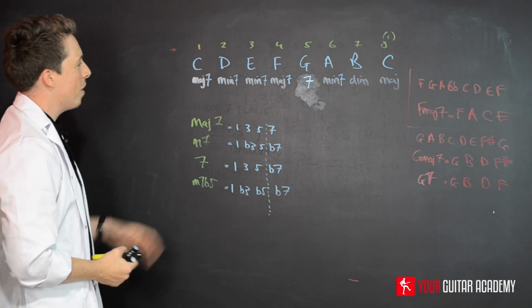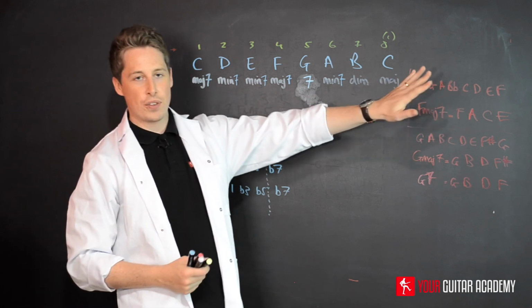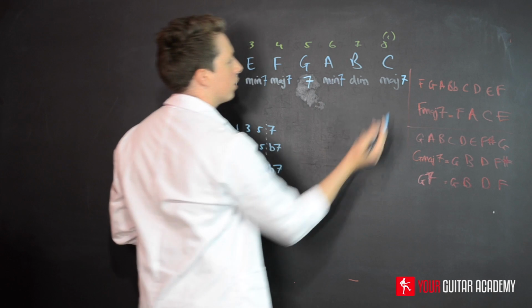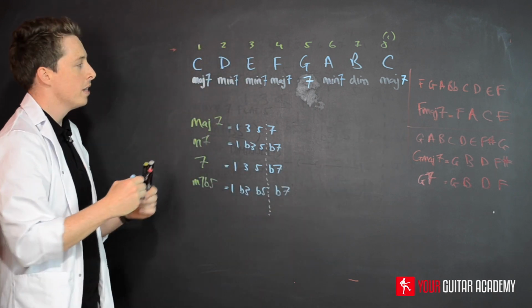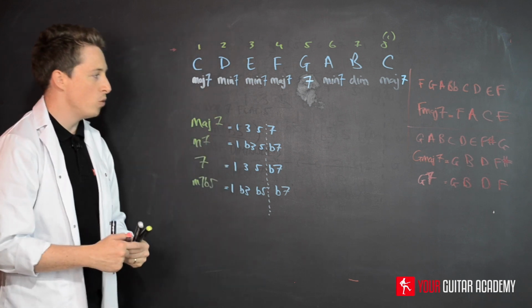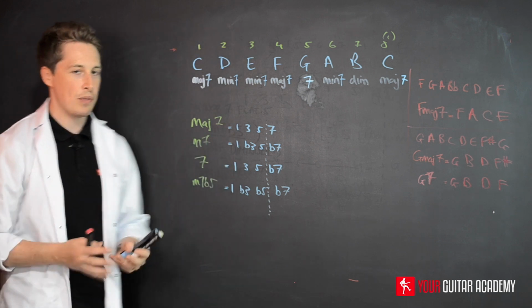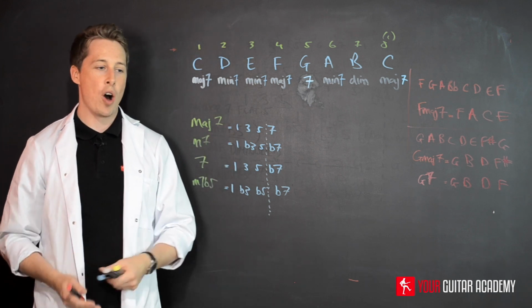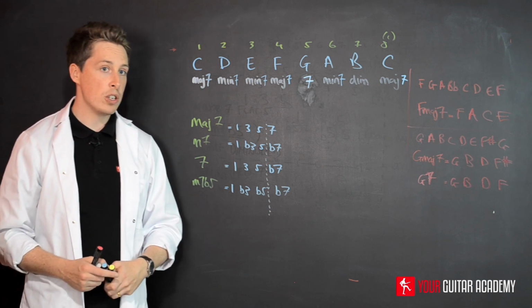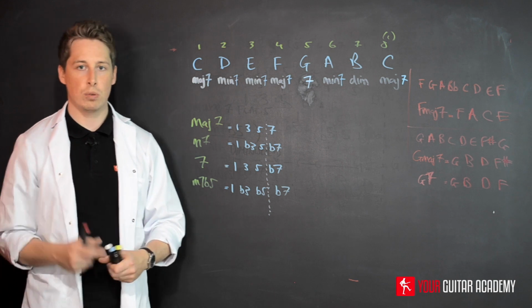So we've now harmonized most of the scale, bearing in mind, of course, this 8 or this 1 is the same as the root note. So it's just a case of this diminished. Now I'm really going to test you, because we've got two different types of diminished chords. We've got the minor 7 flat 5 and the diminished 7, or you might call them the half diminished and the whole diminished.